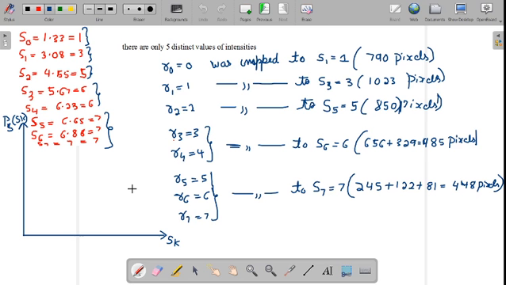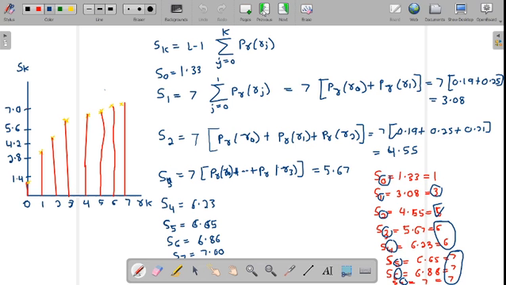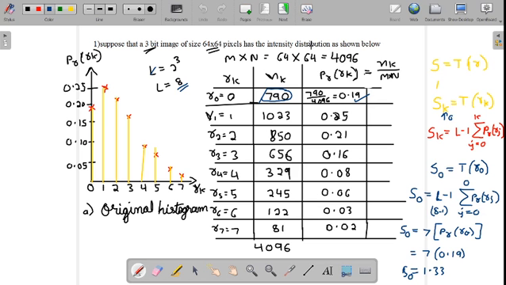Okay, so already you know the formula for the probability of Rk. What was the probability of Rk? Nk divided by m cross n.